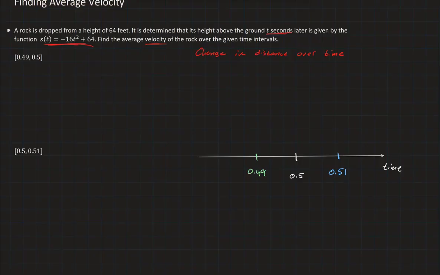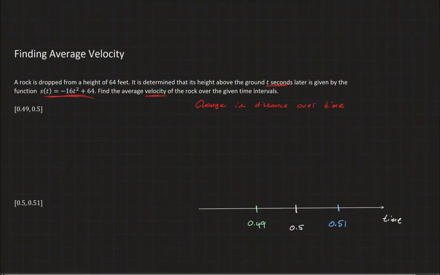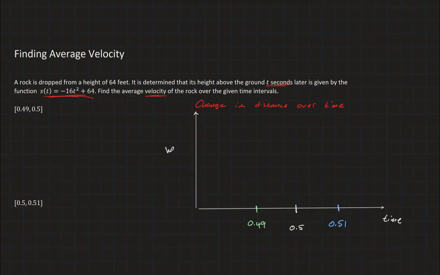Now this function, as we probably know, is a parabola. So this horizontal axis is my time. I'm going to make another axis right here, a vertical axis. I'm going to make a vertical axis that's going to represent height. Wow, it's horrible handwriting.